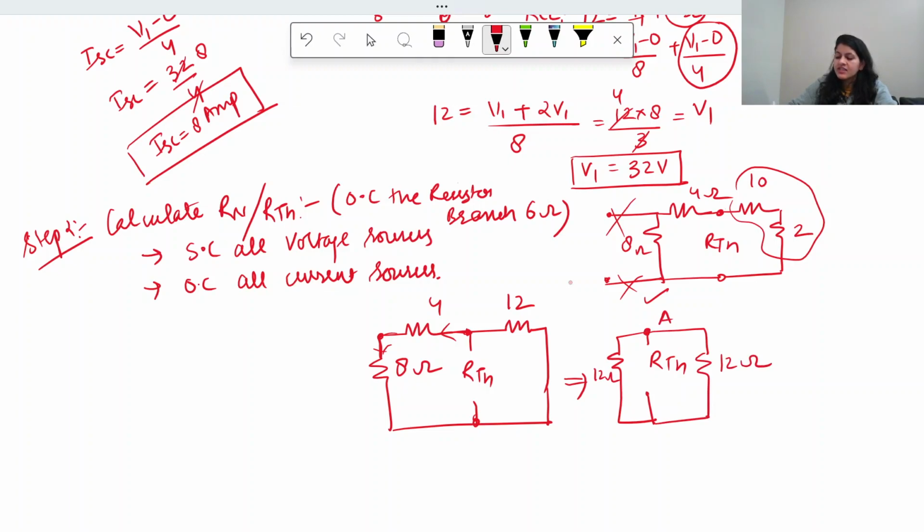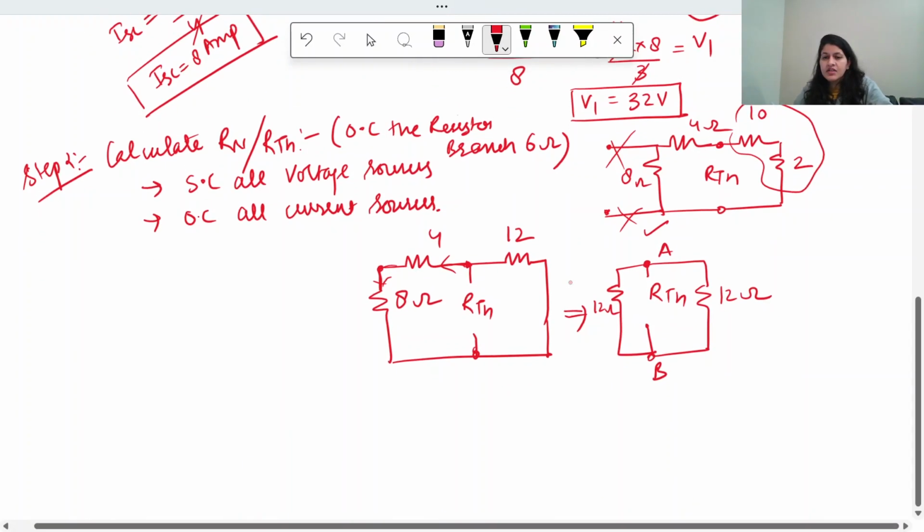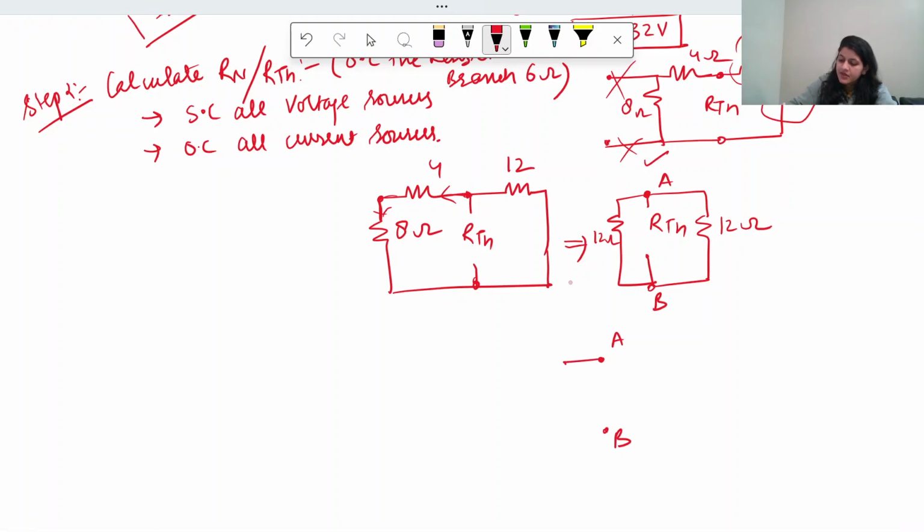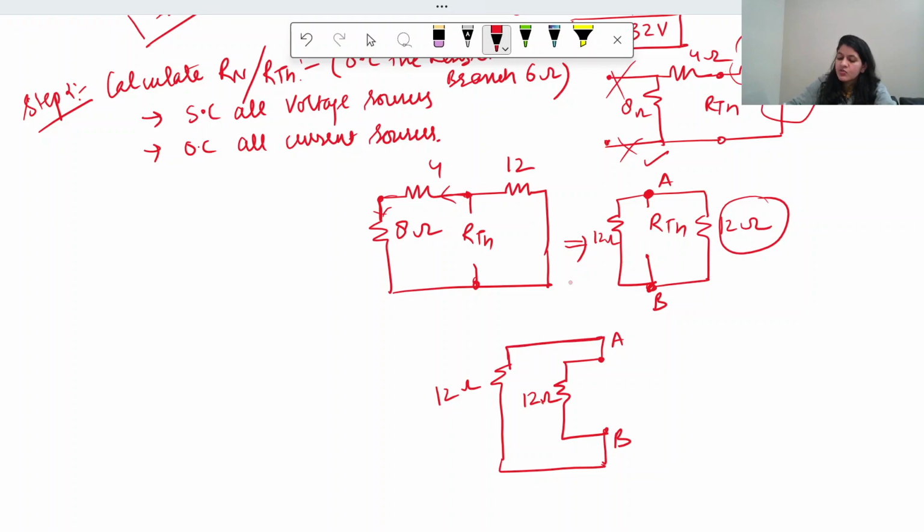So let's call these terminals A and B. So this is A, this is B, this is this 12 ohm, right? And this 12 ohm is also connected between these 2 points A and B. So you can see it like this, to see whether they are parallel and series. So you can see that this 12 ohm is also connected in these points A and B. So now you can see that these two are parallel, right?